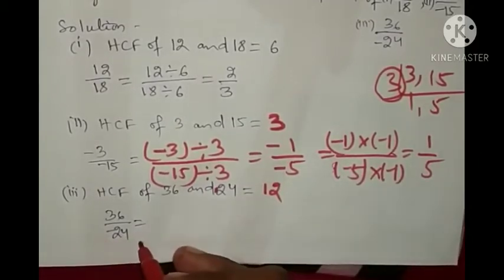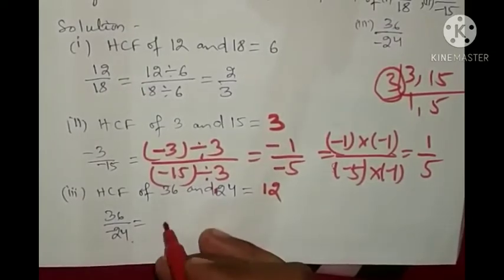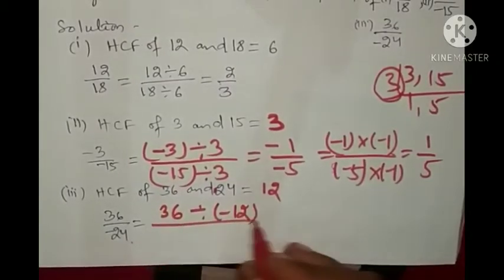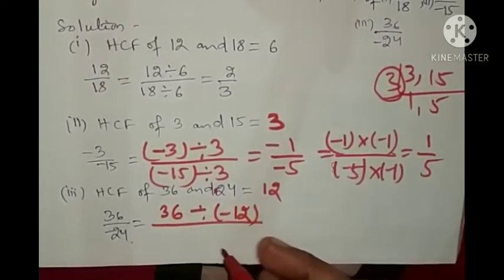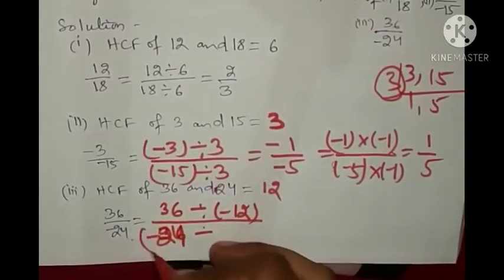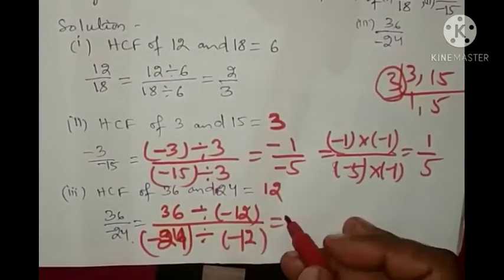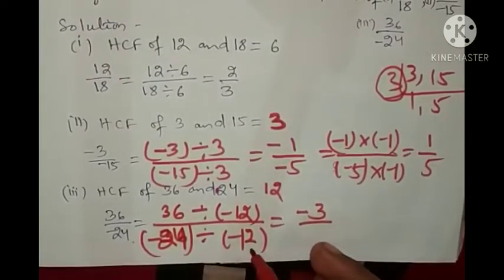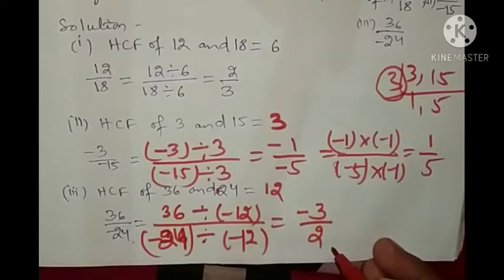So here the denominator is a negative integer. So what will we do? 36 divided by minus 12, and we divide both numerator and denominator. Minus 24 divided by minus 12. Okay, so 36 divided by minus 12 is minus 3, and minus 24 divided by minus 12 is 2. So we have found the simplest form.